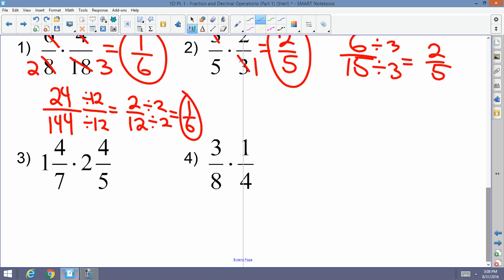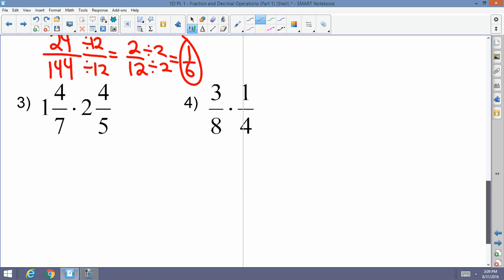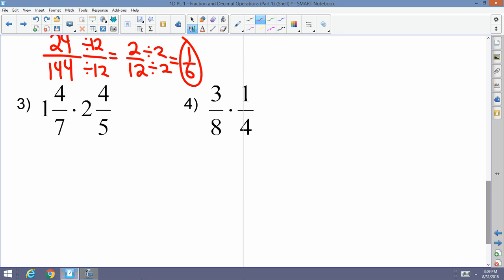Okay, number 3. Caution, caution, warning, please, caution. So mixed numbers. You must convert mixed numbers into improper fractions first. So this is 7 times 1 is 7 plus 4. That's going to be 11/7 times 5 times 2 is 10 plus 4 is 14/5.